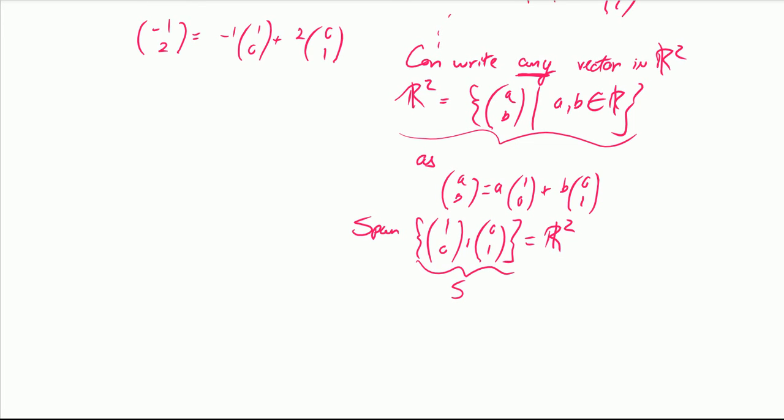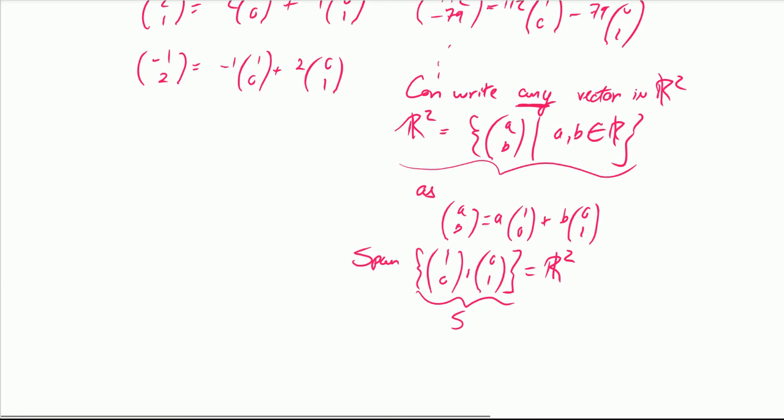It's the set of any possible vectors that can be written in the form (a, b), because it's quite clear that you can write (a, b) as a times (1, 0) plus b times (0, 1) for whatever a, b.